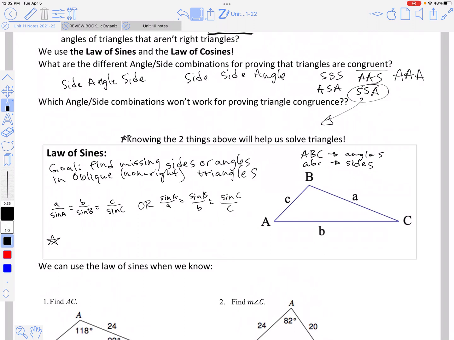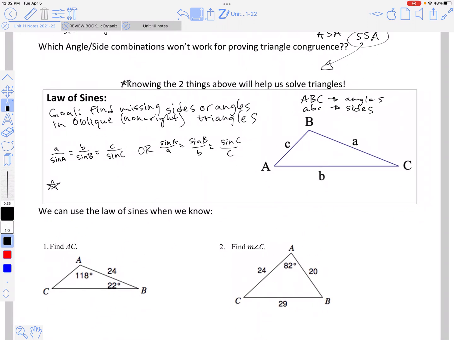So these are the two things that I was talking about. These really only work with angle, angle, side, or side, angle, angle, right? So they don't have to be in that particular order, but they only work with angle, angle, side, angle, side, angle, and then sometimes SSA.